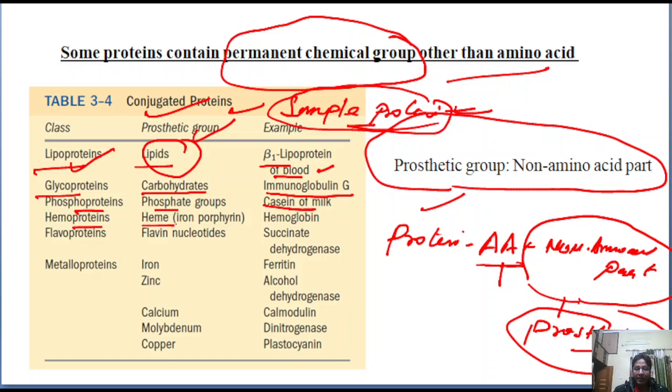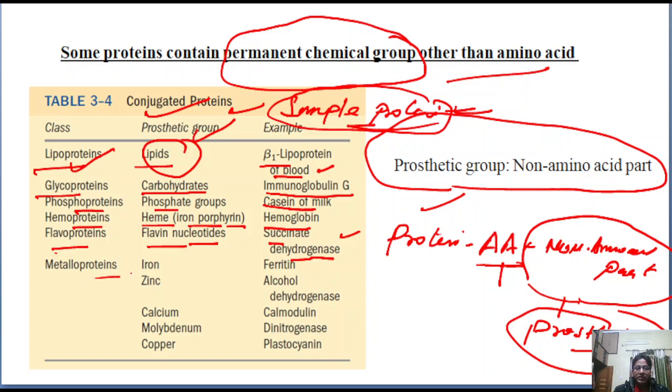Hemoproteins contain heme as a chemical group. All these groups are associated permanently. An example is hemoglobin. Flavoprotein contains a flavin nucleotide, and the example is succinate dehydrogenase.